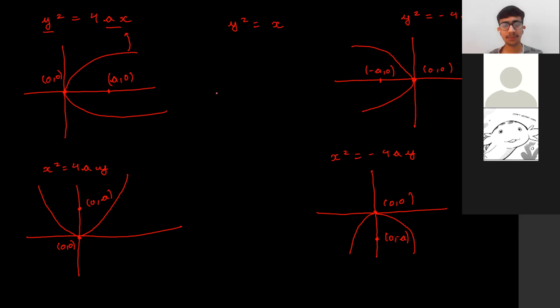Otherwise a would be 1, and if a is 1, then the equation becomes y square is equal to 4x. So the value of a will be 1/4. You have to look at the coefficient of x. What is the coefficient of x? It is 1. And in our generalized equation, the coefficient of x is 4a. So that means 4a is equal to 1 and you get a is equal to 1/4.